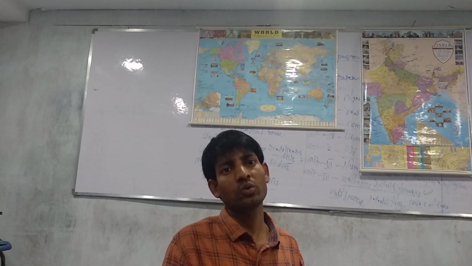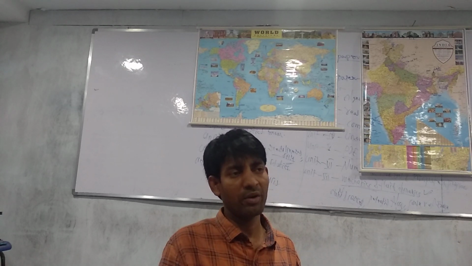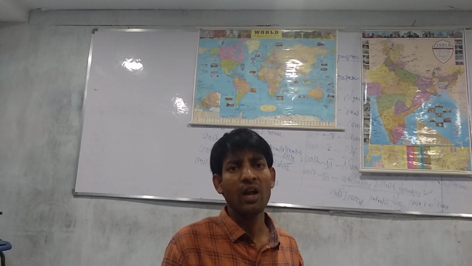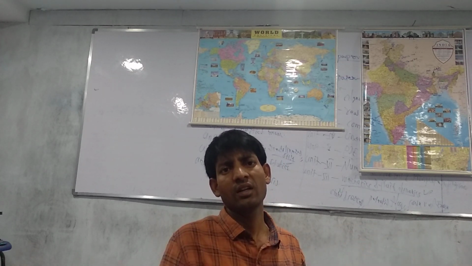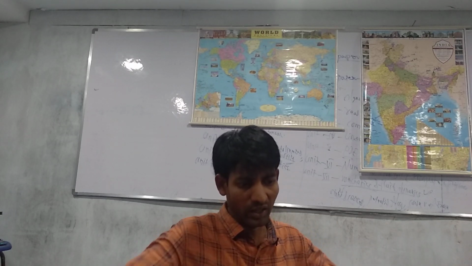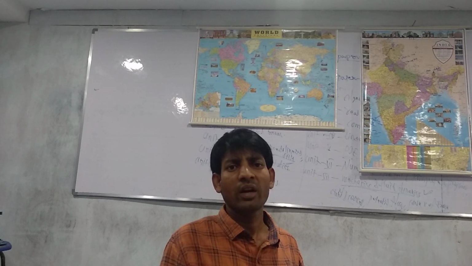Plateau is there, right? There is a little bit of difference with islands. An island is nothing but an area totally surrounded by water. That is an island. Peninsula: India is a peninsular country. Why?